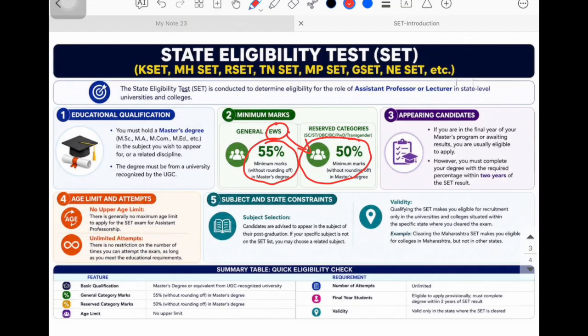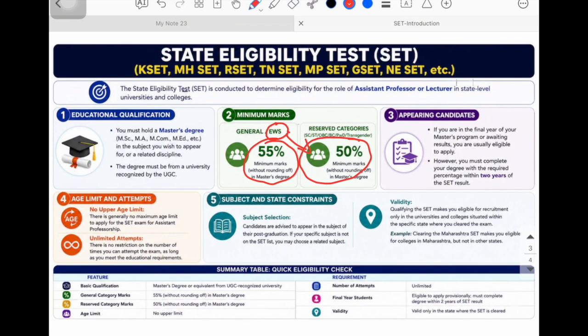In some states they have EWS marks in the economically weaker section, and when they publish the result, their cutoff will always be less than that of the general, very similar to the OBC group, or maybe sometimes less than that also. In some examinations their cutoff will be less than that of the OBC also.